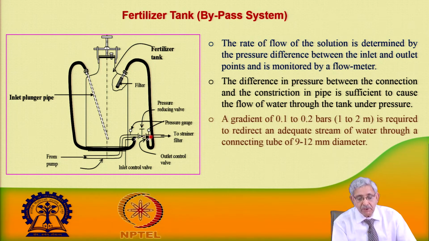The pressure reducing valve is operated in such a way that it allows the pressure to reduce, so that the pressure inside the tank is more than the pressure in the pipeline. Then only can the soluble fertilizer, which can be in liquid form, be supplied with the irrigation in the pipeline, and then it goes to the strainer filter or some other filter, and on to the pipeline.